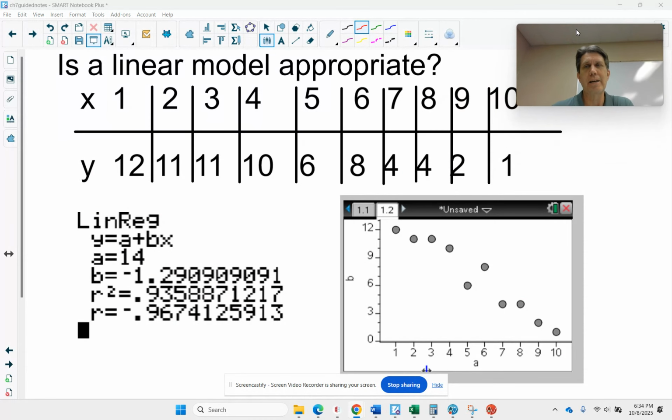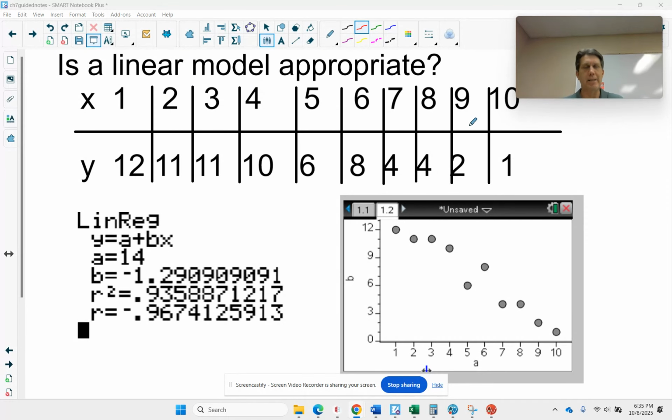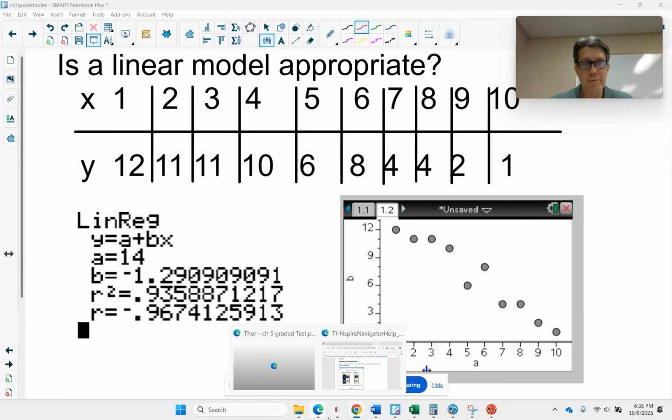So next, is a linear model appropriate? Pause the video. I'd like you to put these into your calculator and see if you've got random residuals. Again, I'll put them in. We've got 1 through 10.